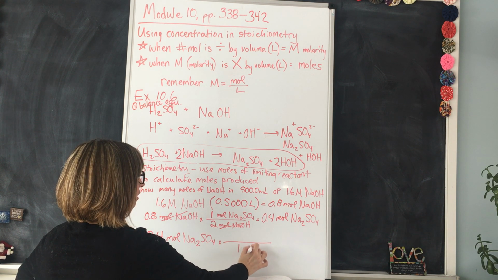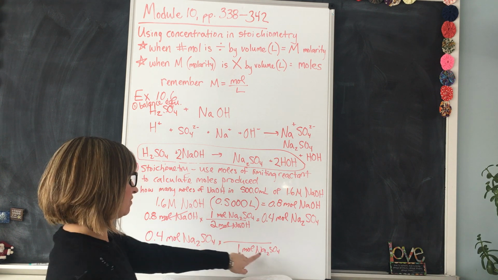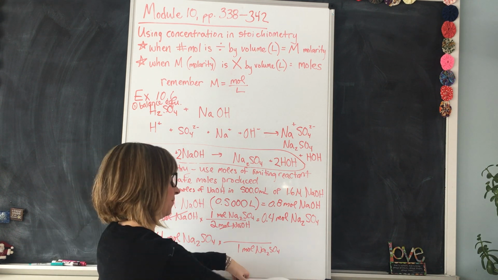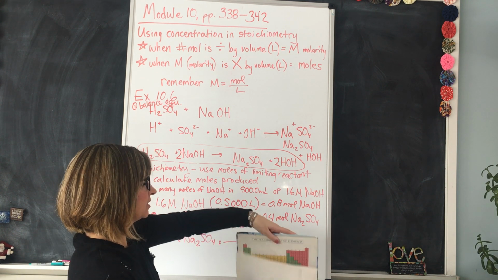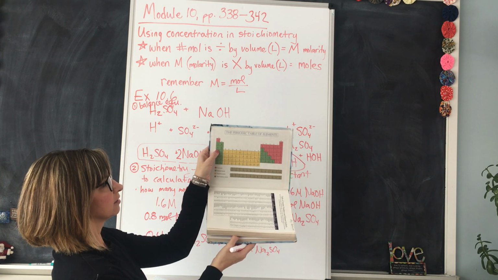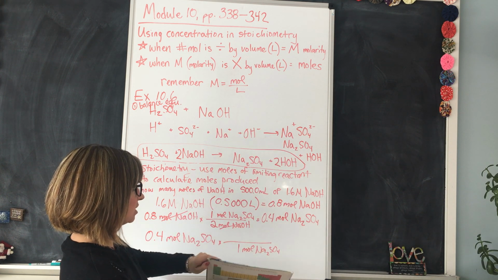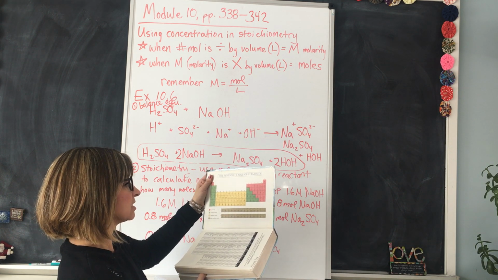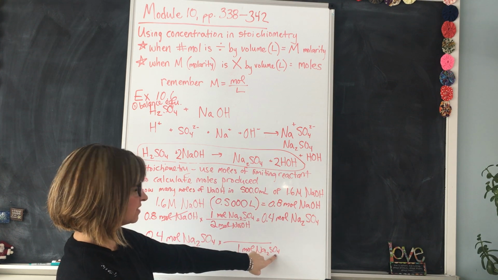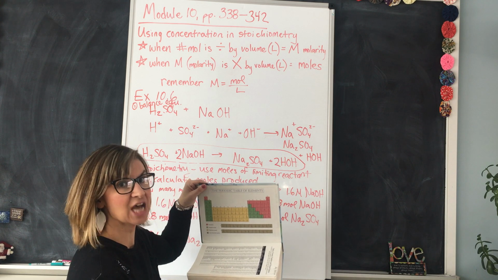This is where you have to add up the mass of sodium from your book. 2 sodiums, 23 plus 23, plus 1 sulfur, so plus 32.1, plus 4 oxygens, so plus 16 times 4.